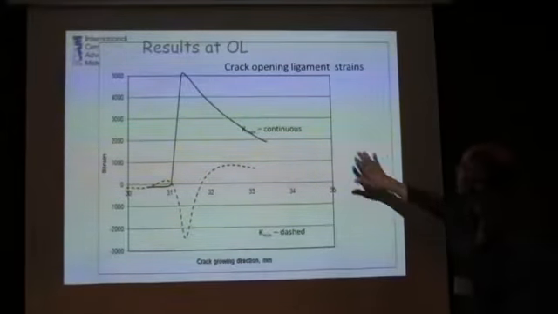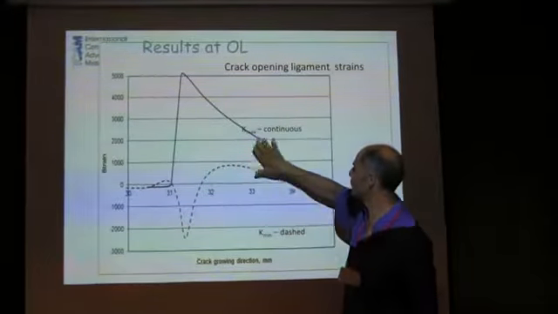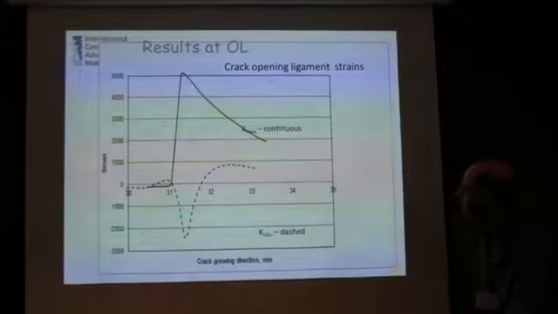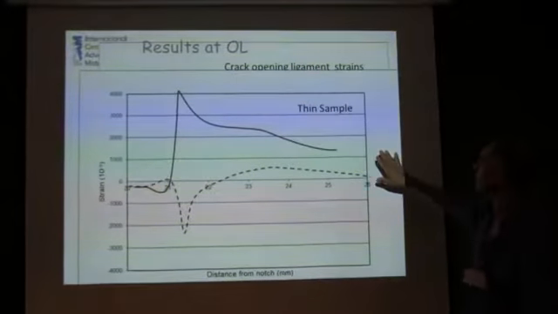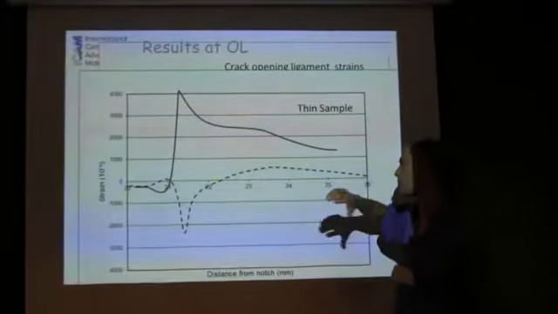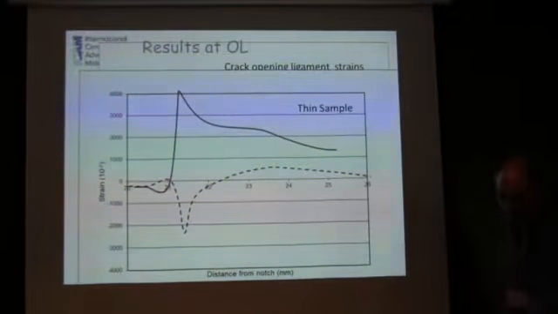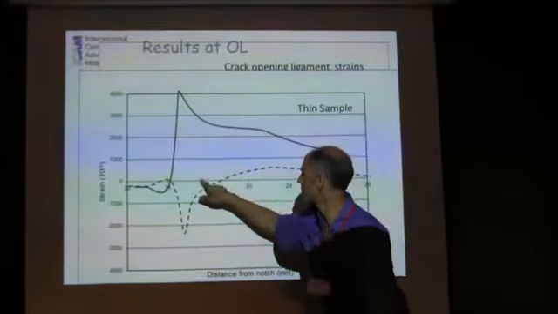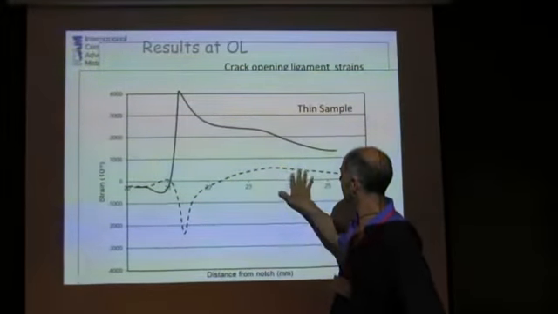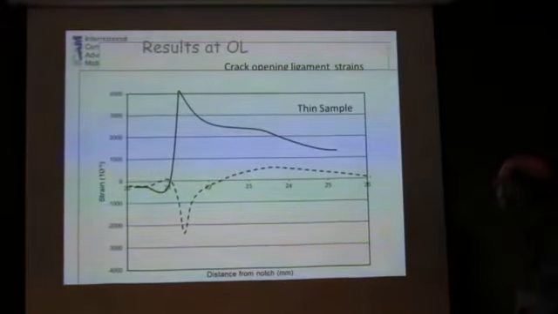The thick has 5,000 microstrain here, and has a compressive plastic zone of 0.8, whereas the thin has an overload which goes up to 4,000 microstrain, 0.4%, and a plastic zone which is nearer to 1.4 millimeters or so, where the compression goes to a depth of 1.4 ahead of the crack, and the maximum tension is much further away from the crack.